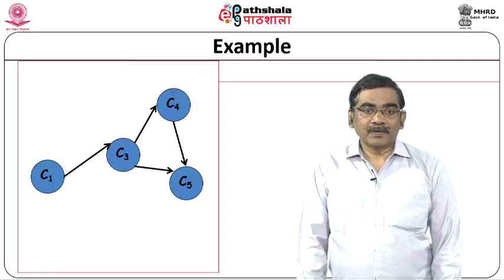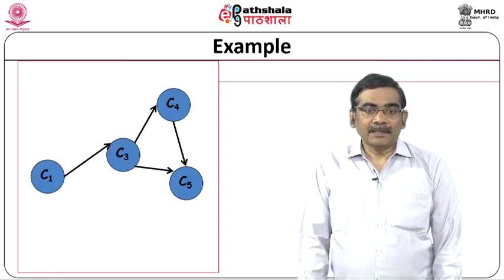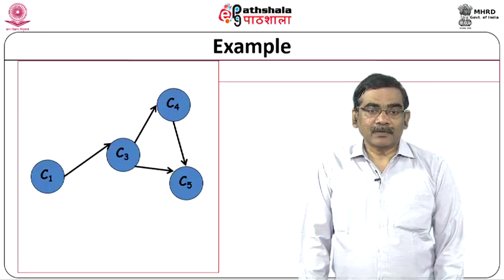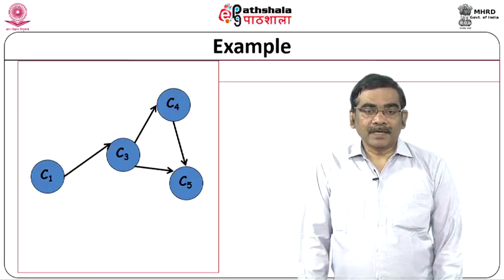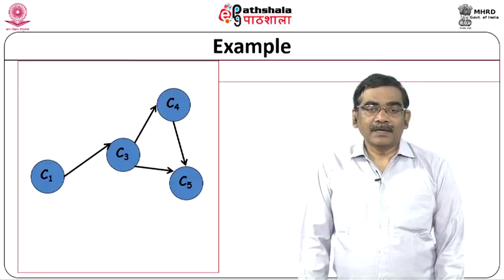If I want to do course C4, I should have completed course C3. If I want to do course C5, then I should have done both course C3 and course C4. This is a requirement. So, what does the algorithm say?